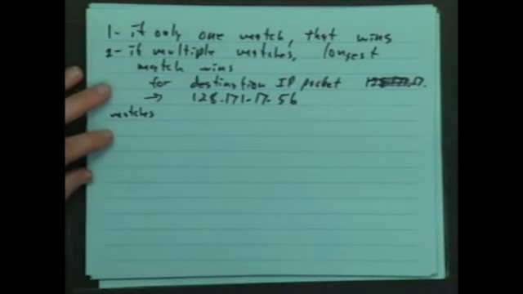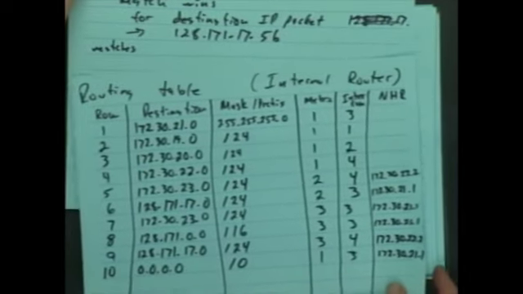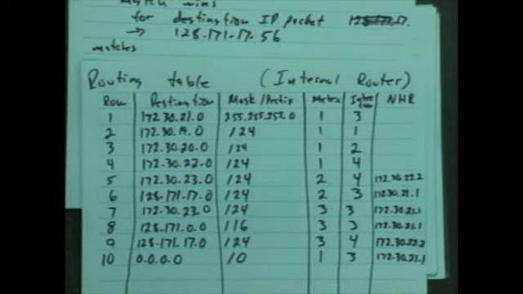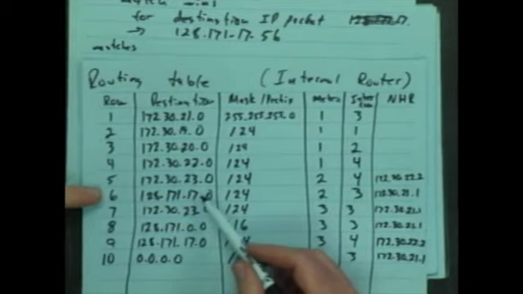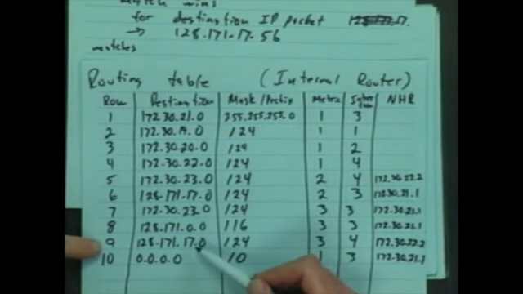If we look back at our table, 128, 171, 17, 56. I've got 6, I've got 8, and I've got 9.